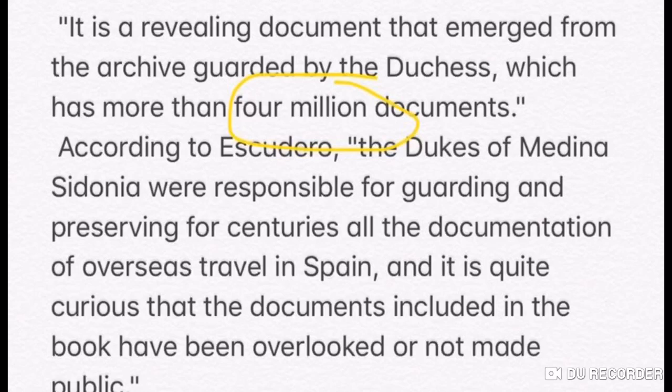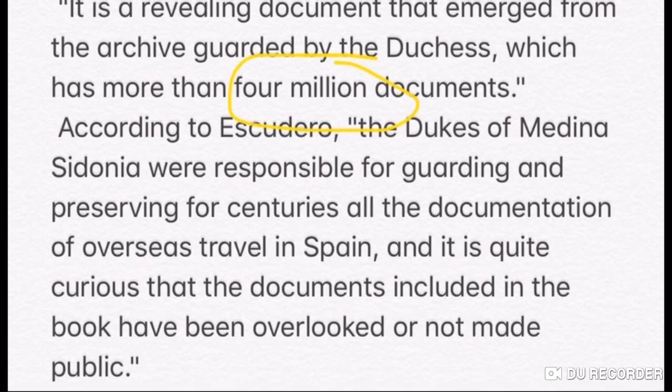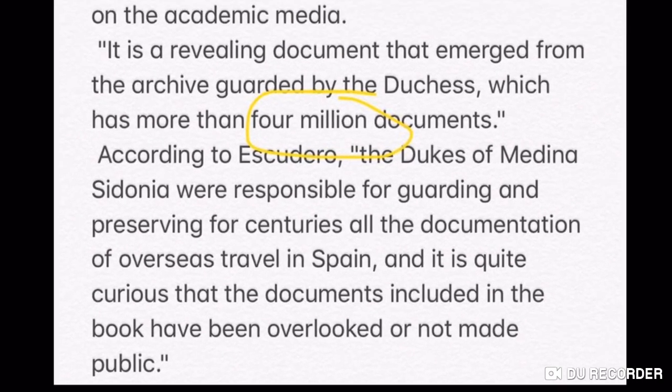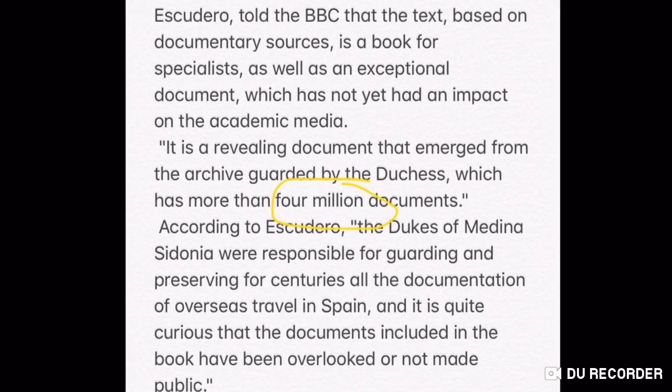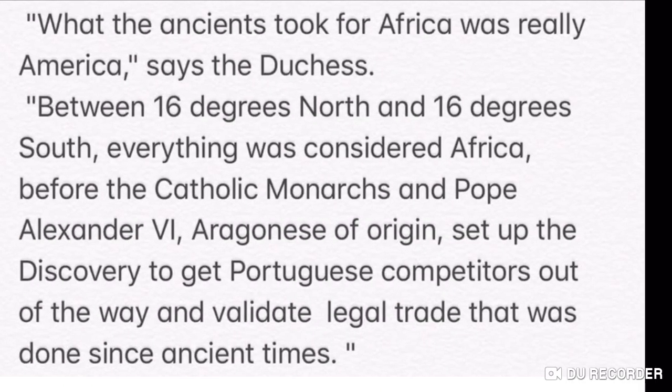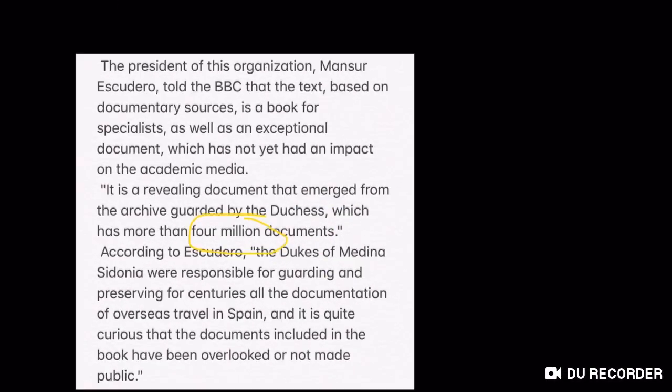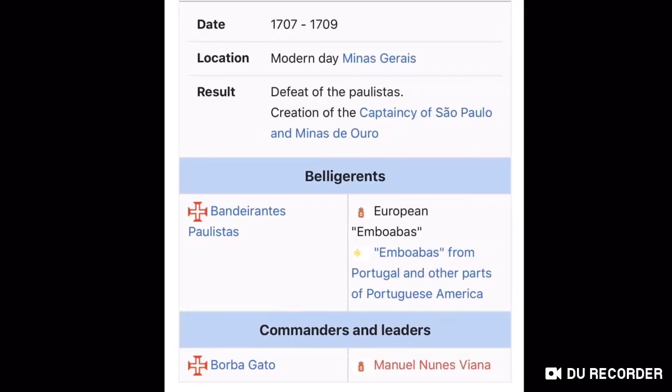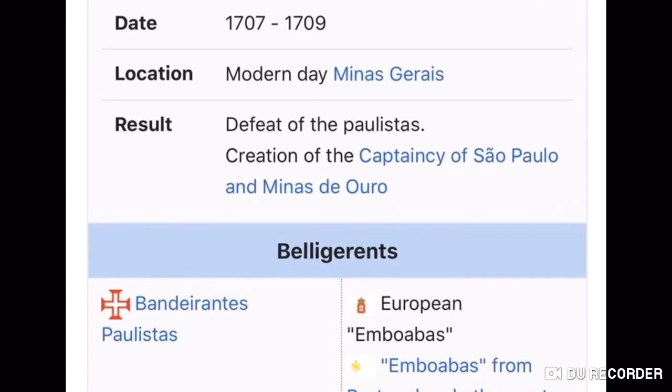The Dukes of Medina Sidonia were responsible for guarding and preserving for centuries all the documentation of overseas travel in Spain, and it is quite curious that the documents included in the book have been overlooked or not made public. And as you can see why, because it is basically different from everything that everybody has been telling everybody.